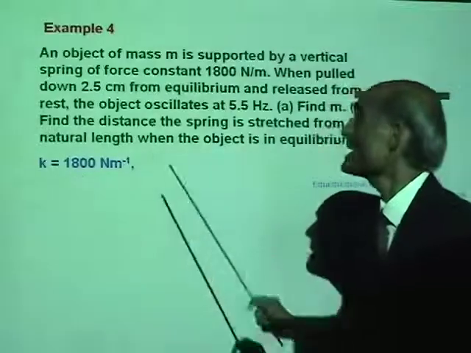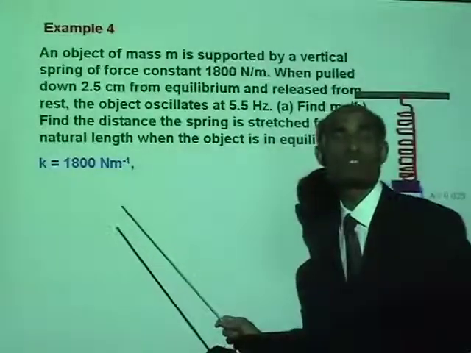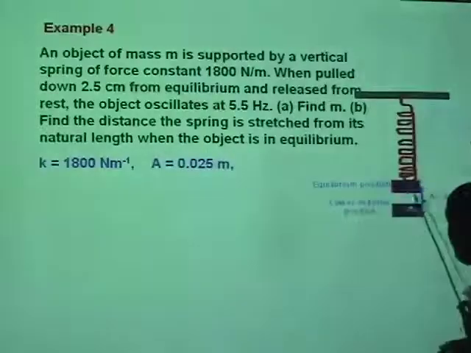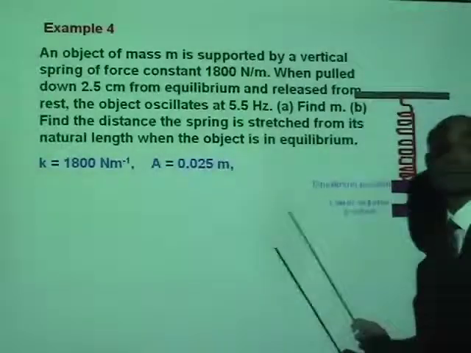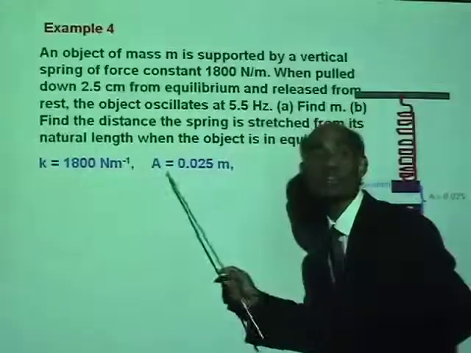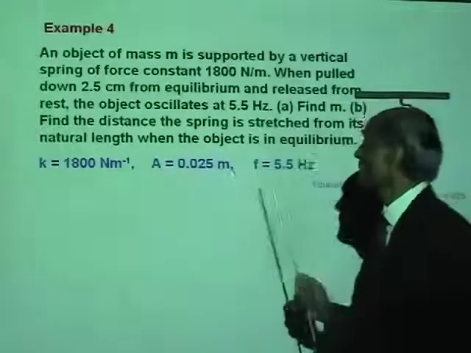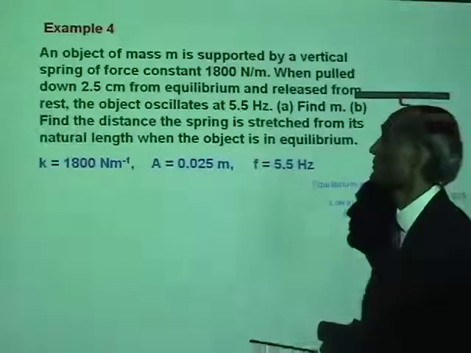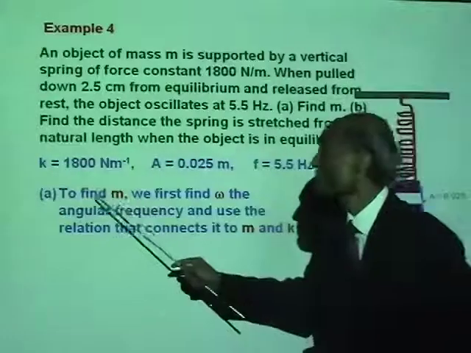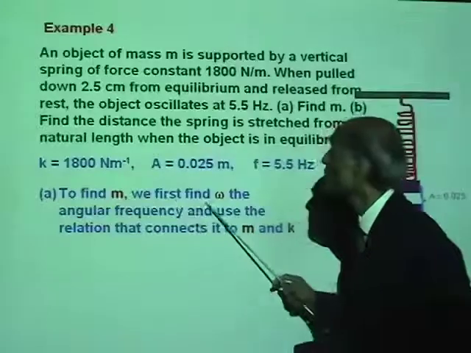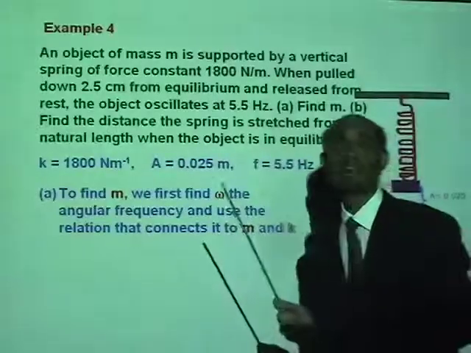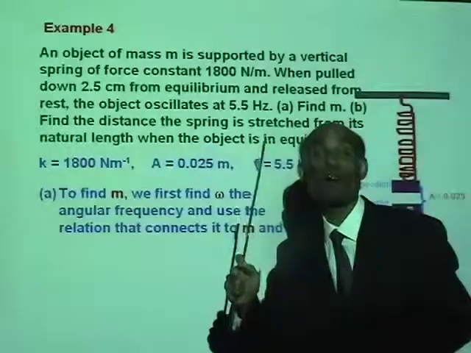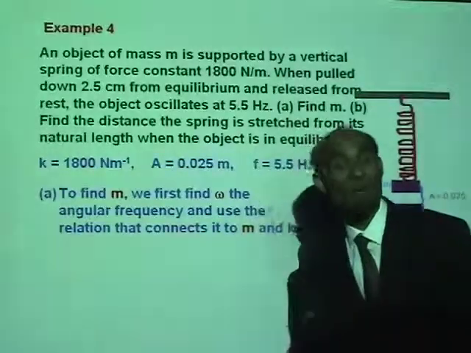So we got k equal to 1800 Newton per meter. Amplitude is 0.025 meter. Always pick the data for doing the problem. The frequency is 5.5 Hertz. Alright, to find m, we first find omega. Because, you know, omega equal to square root of k over m.